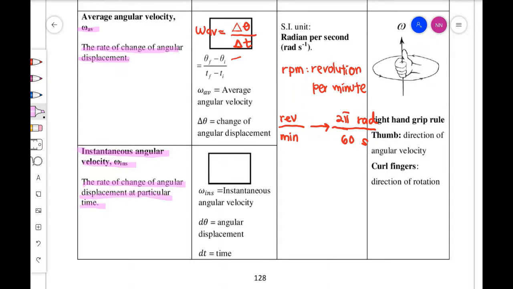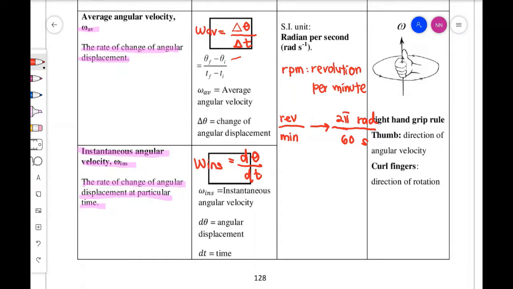The equation is omega instantaneous equals d theta over dt, and the unit is radian per second as well.